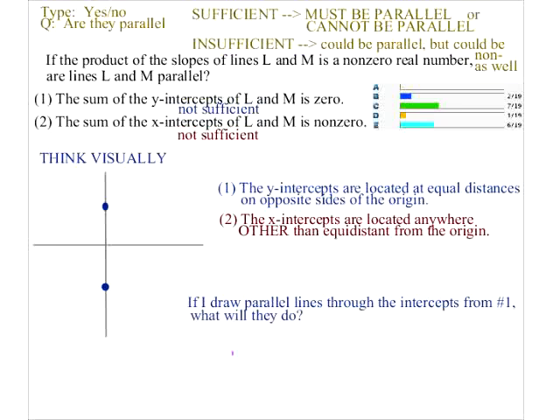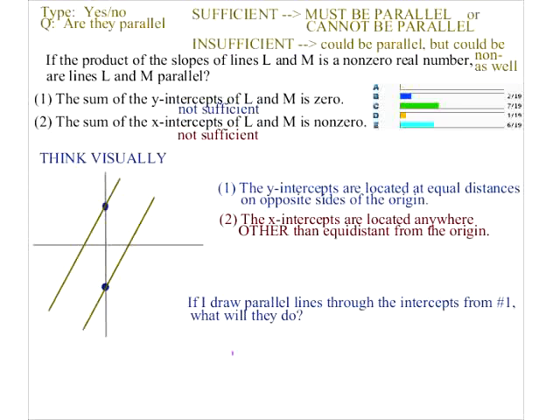Let's try. Here's one set of parallel lines. You can kind of see what's going to happen. There's a symmetry here, where if these are parallel, this distance is going to have to equal that distance. And with any situation that you draw with parallel lines, it's going to work that way.